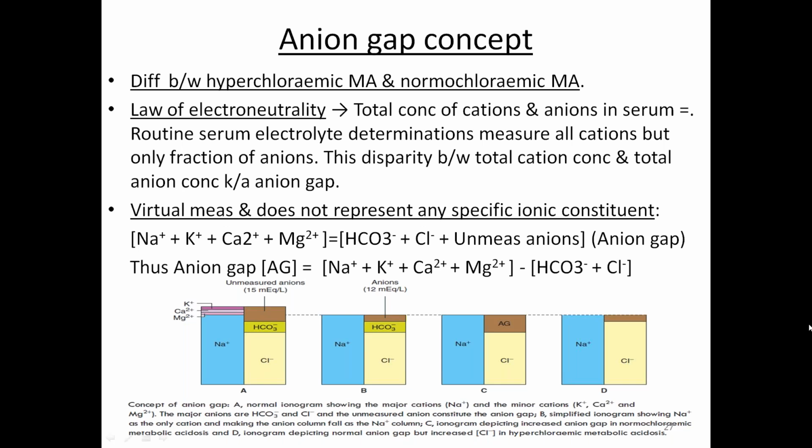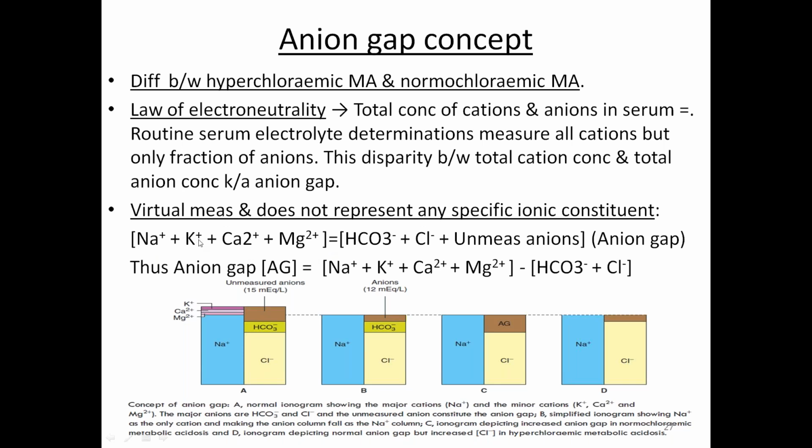Have a look at this figure, which is trying to explain the concept of anion gap. We'll come to all the parts one by one. Your anion gap is a virtual measurement, and it doesn't represent any specific ionic constituent. We have sodium, potassium, calcium and magnesium.